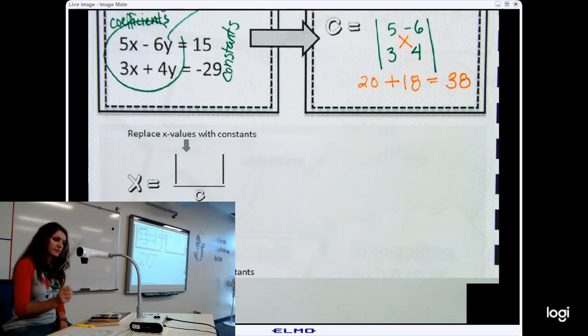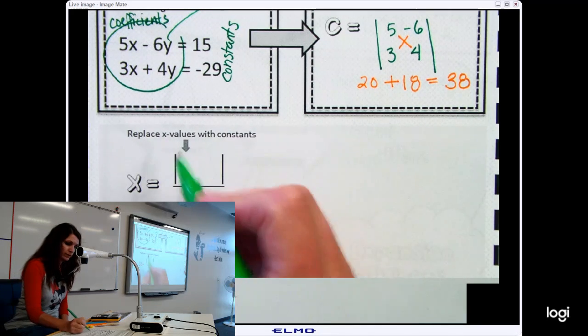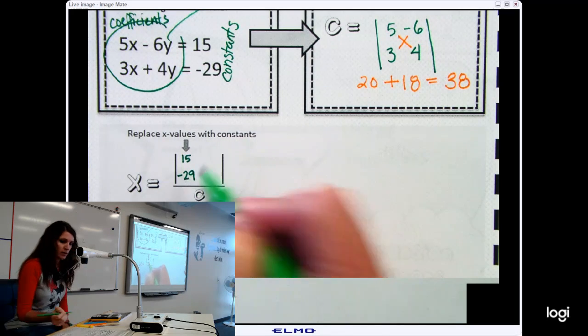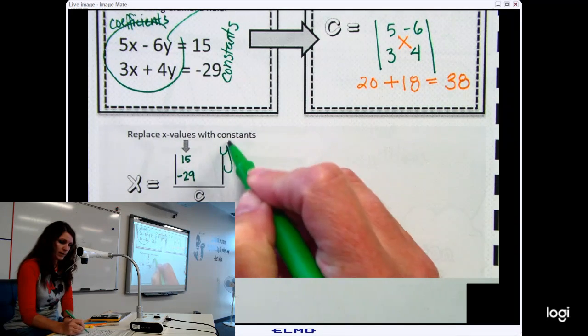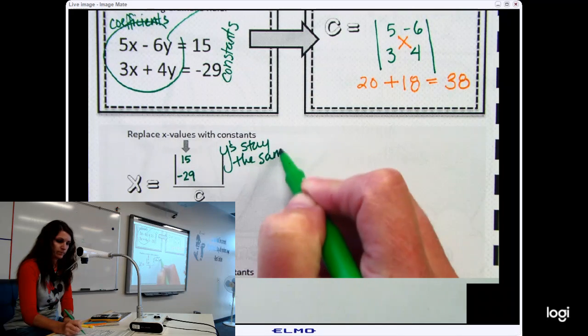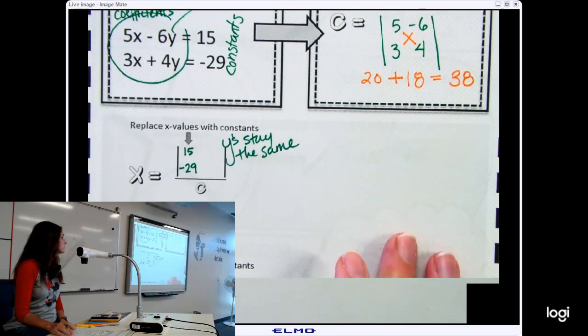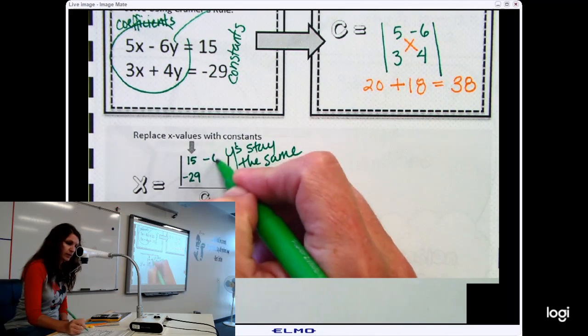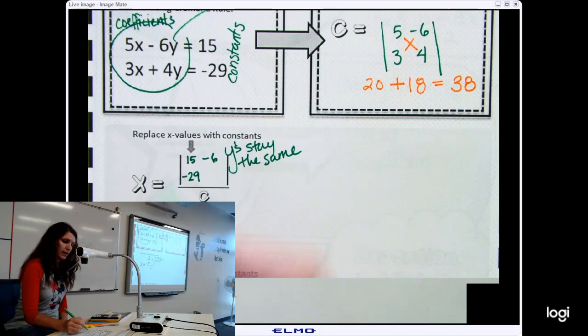So I'll replace that x column with 15 and negative 29. Y's stay the same. So that would be negative 6 and 4.